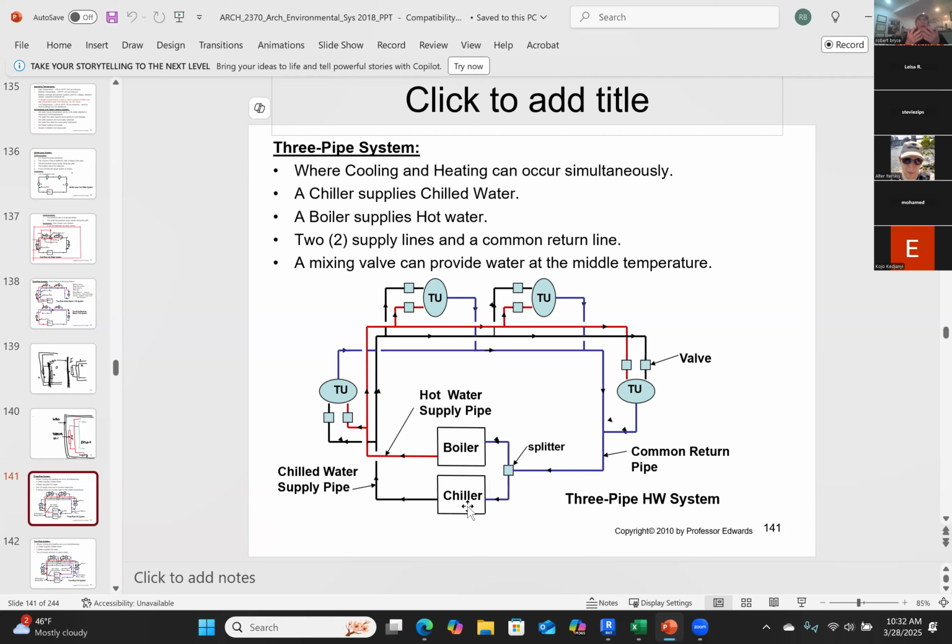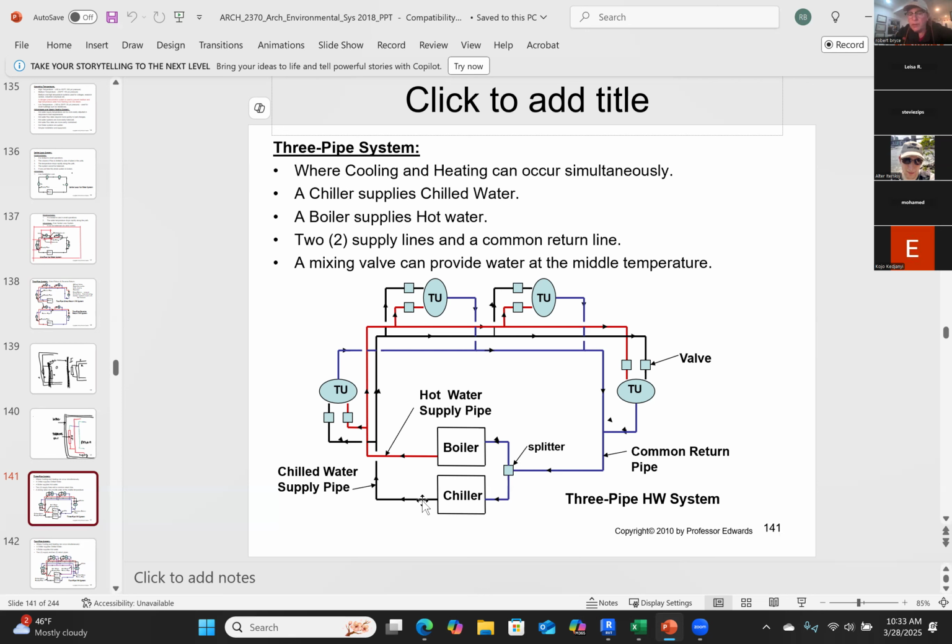Okay, so the hot water comes from the boiler. The cold water comes from the chiller. We have valves here to control how much hot water or how much chilled water goes into the terminal unit, and then we extract that cool or heat from the terminal unit and distribute that into the space.